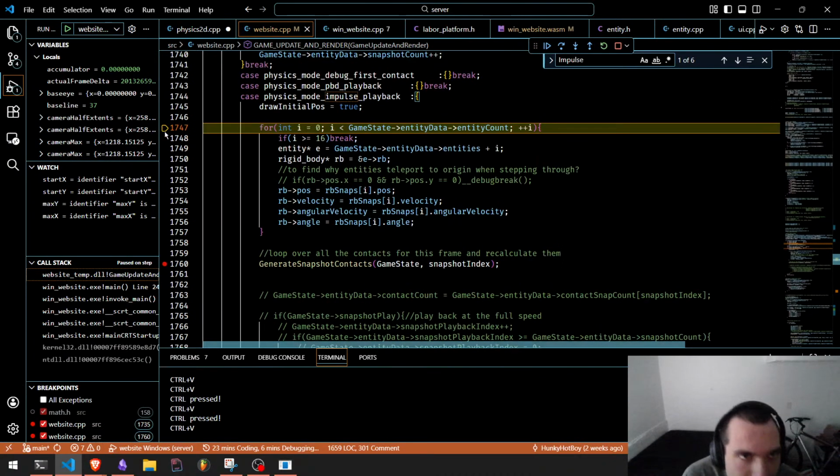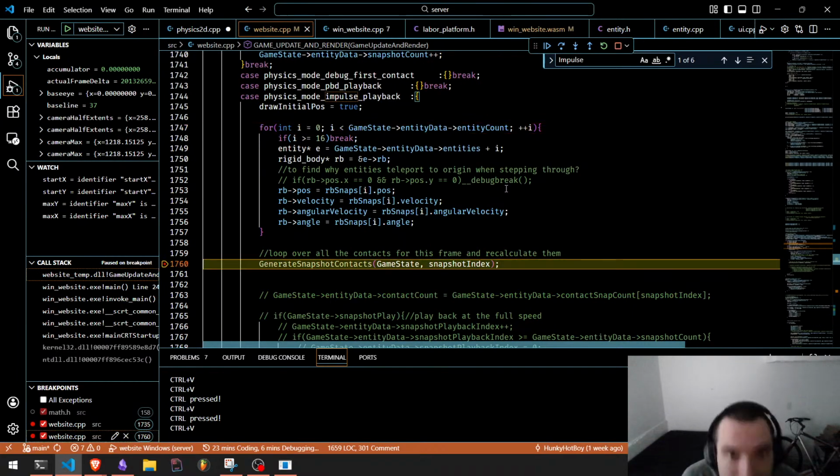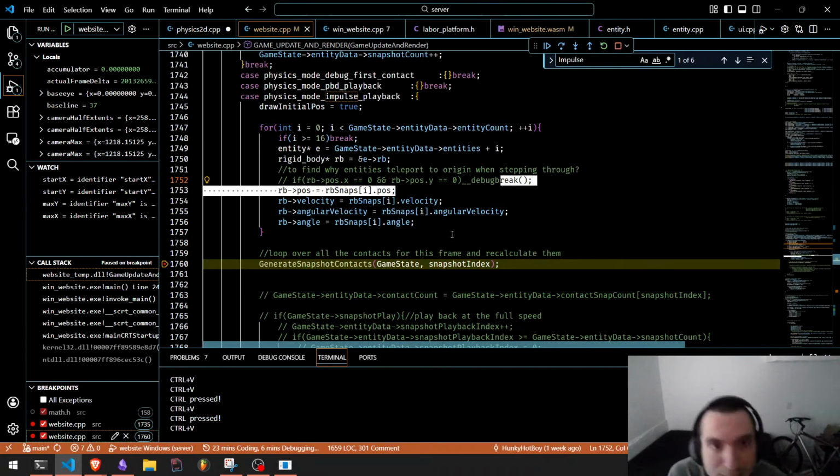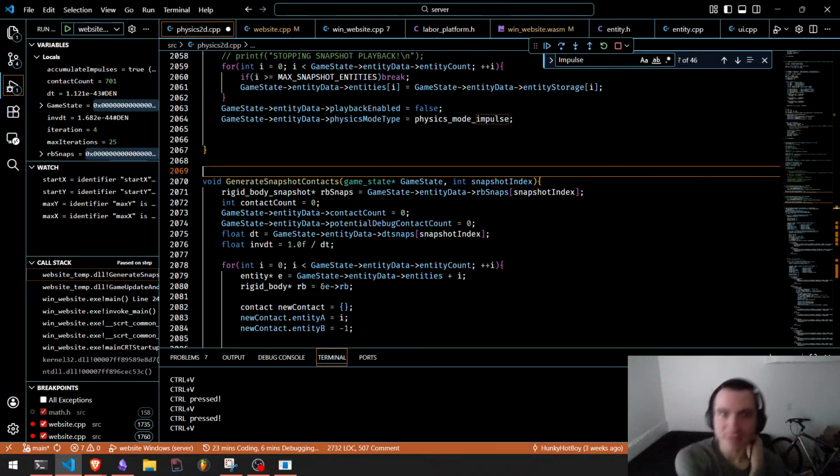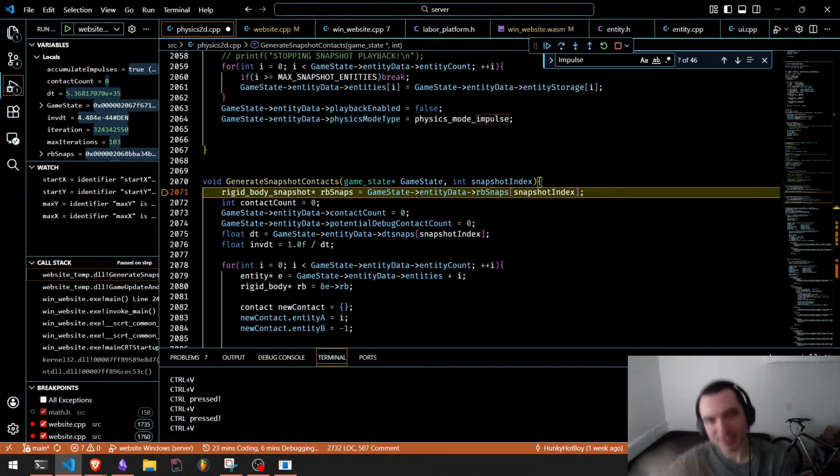Generate snapshot contacts. We're just regenerating the contact for that snapshot every single frame. We're not storing them, we're not warm starting or doing anything fancy yet. We're just trying to make sure the geometry is correct. So we're just regenerating contacts every frame.